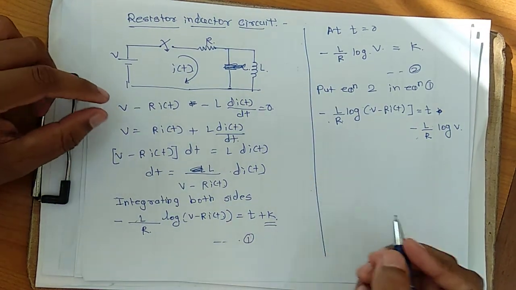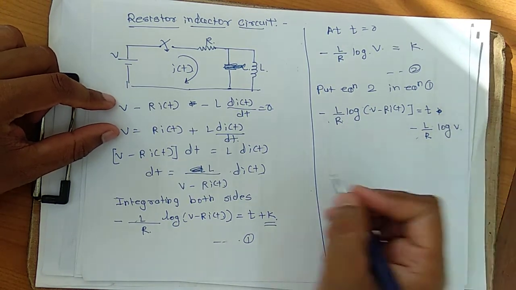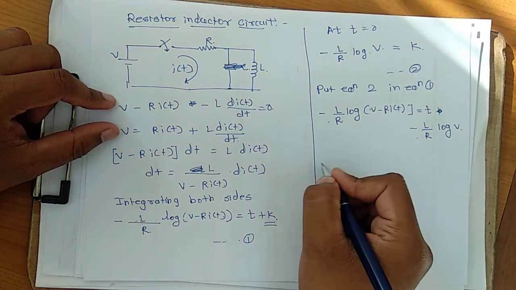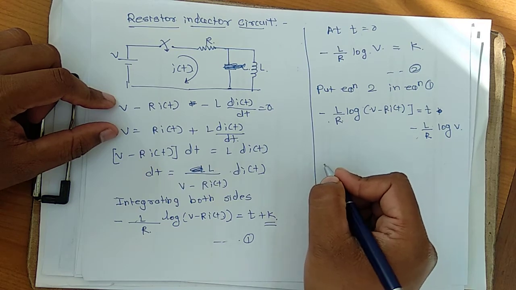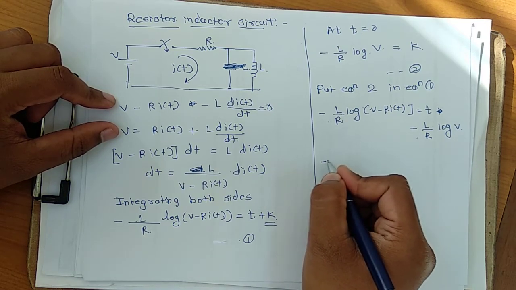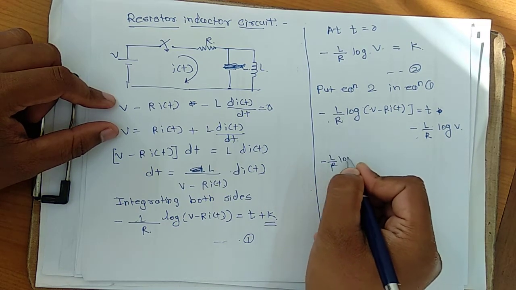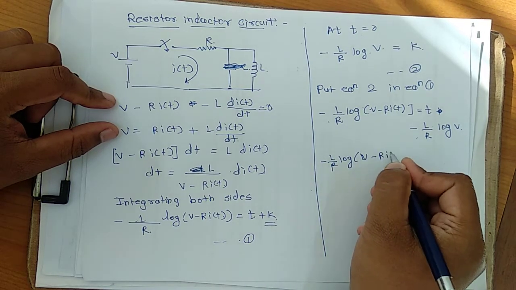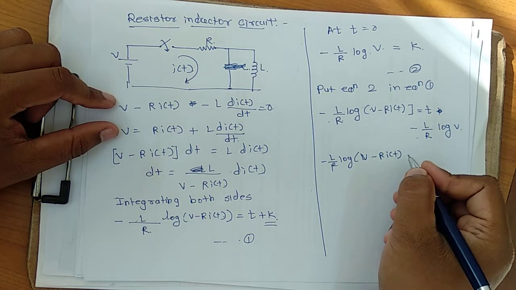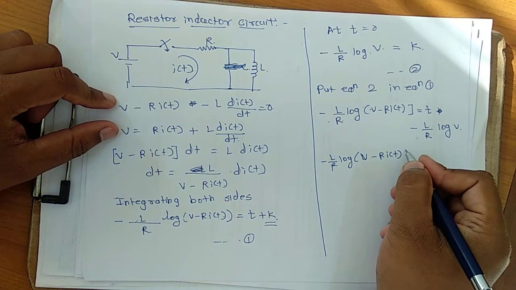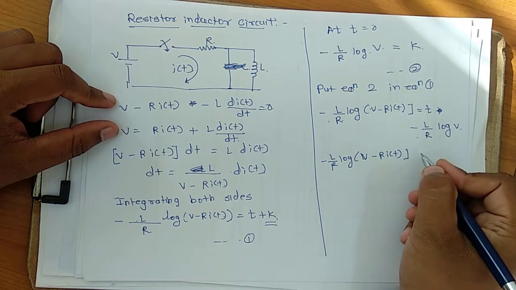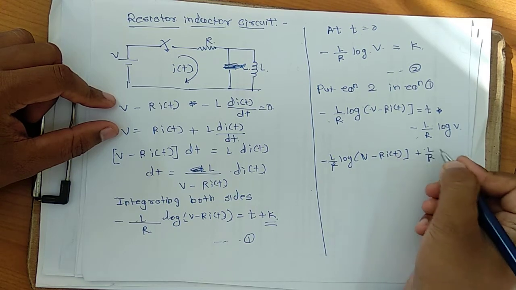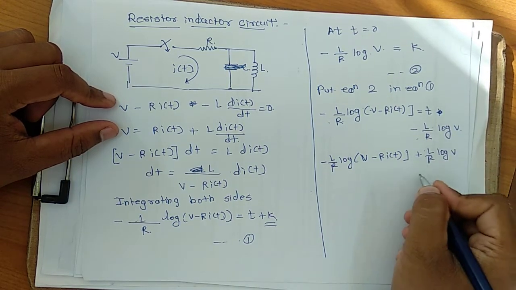So I will put only t on the right hand side, and other things I will take to the left hand side. So minus L by R log of V minus R I of t plus L by R log of V is equal to t.